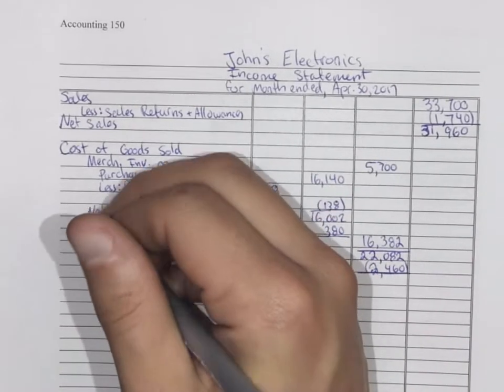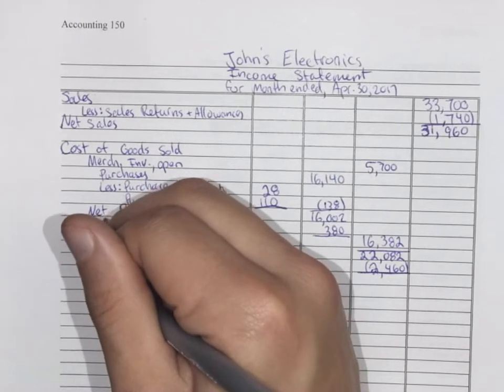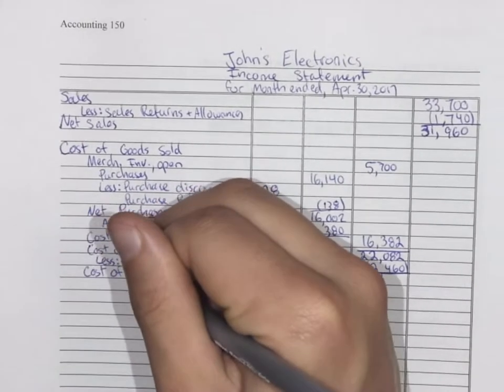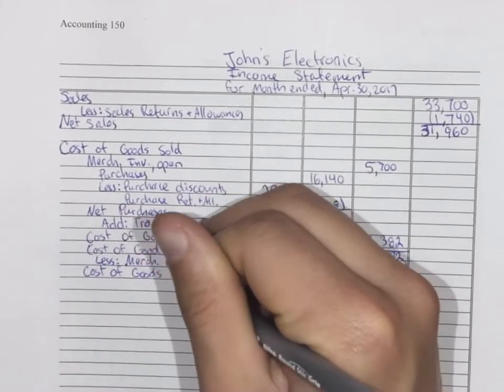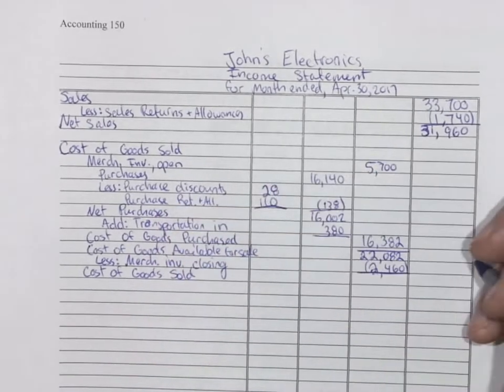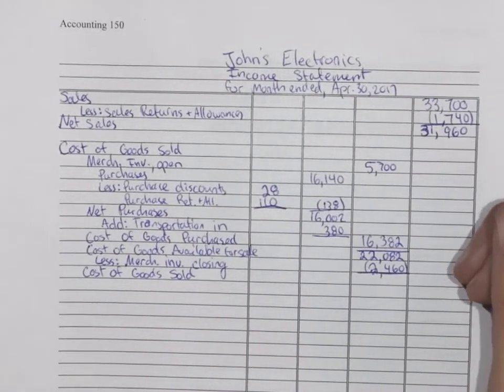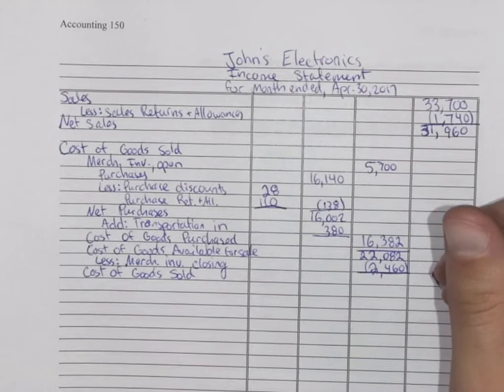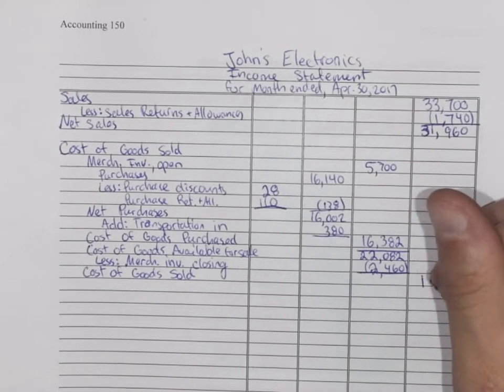Which got our final cost of goods sold, which was 19,622.